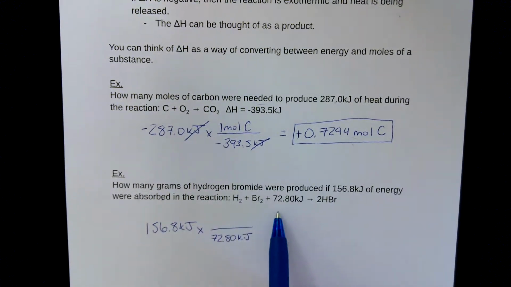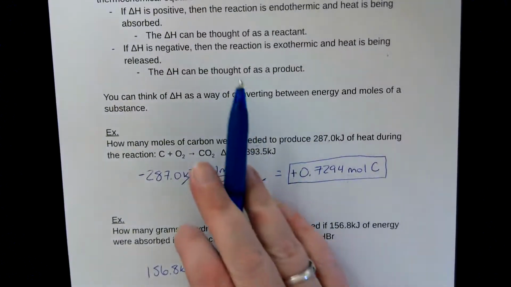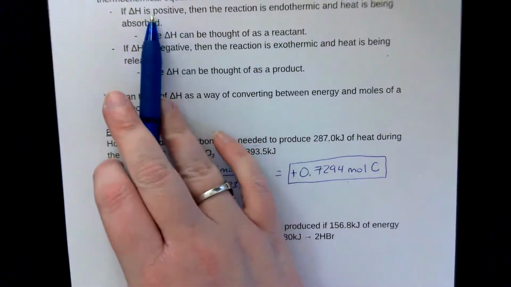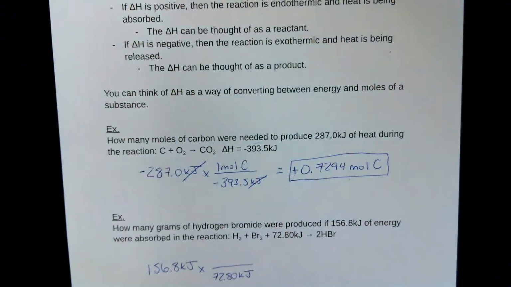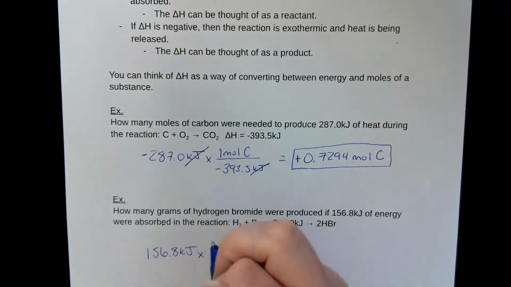And this is written as a reactant. So if you remember, if delta H is a reactant, then the sign is positive. So I am going to leave that a positive 72.80 kilojoules. And for every 72.80 kilojoules, there are 2 moles of hydrogen bromide produced.